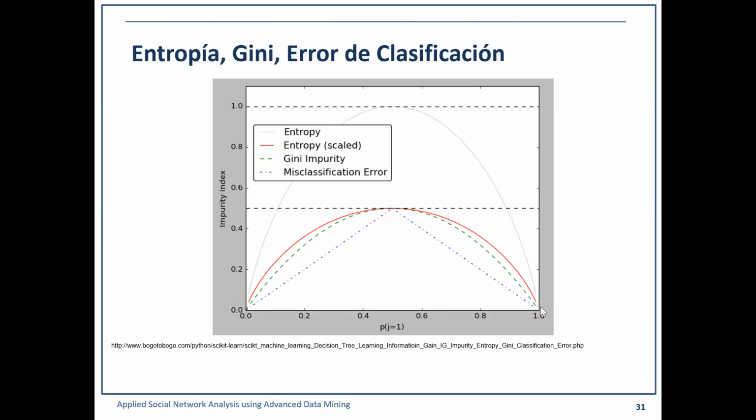Do we have any mixture of information? No. In that case, what we call here the impurity index is 0. And the impurity index could be any of these values, entropy or Gini or misclassification error. So there are many concepts to measure the degree of mixture of information.